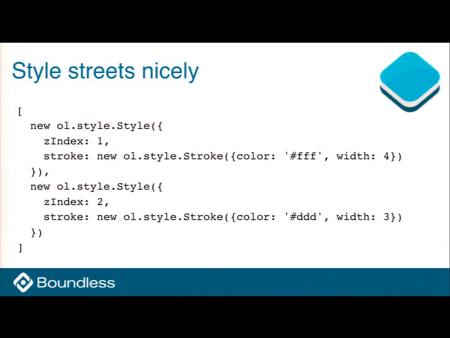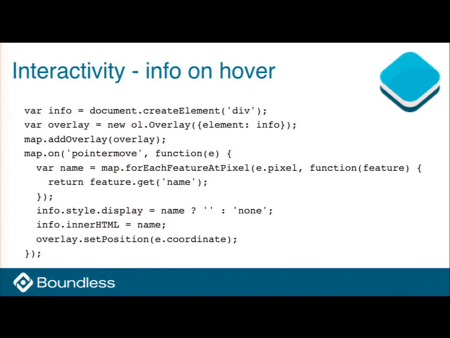And OpenLayers also has Z-index support to make sure that the outline of the road is always rendered underneath the thinner line that you use for the fill of the road. Otherwise, you get artifacts at intersections, for example. So this gives you very nice road styles. We're going to look more at the styles as we go into the demo later.